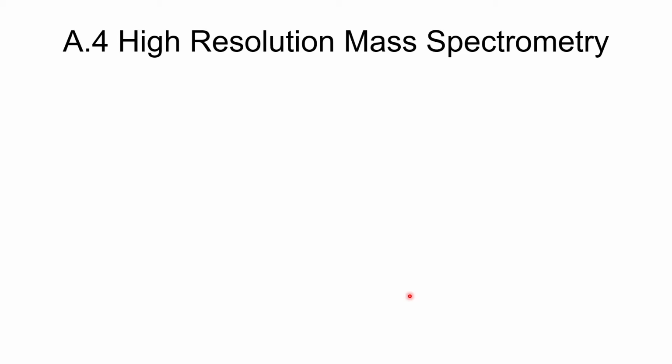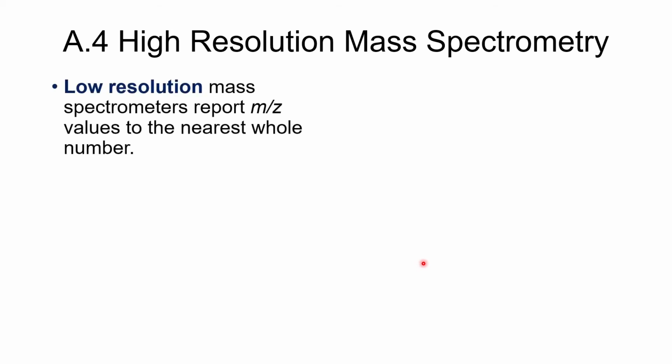All right, our final two things. One, we're going to look at high res mass spec, and then we will look at GC mass spec just ever so briefly. Everything that we've looked at up to this point has been low resolution mass spectrometry, where we have resolution to the nearest whole number.